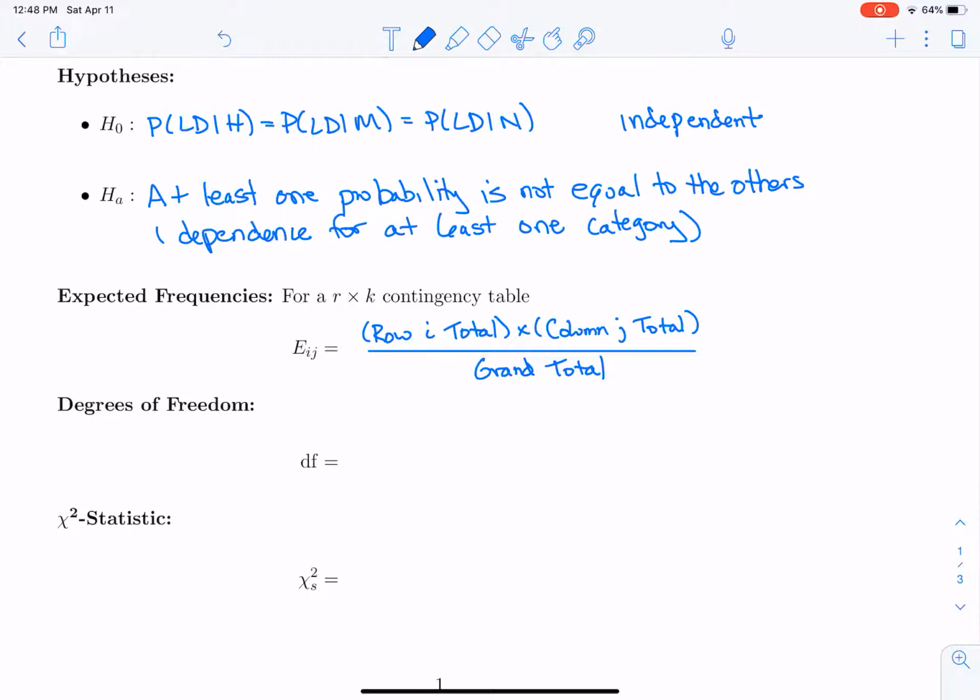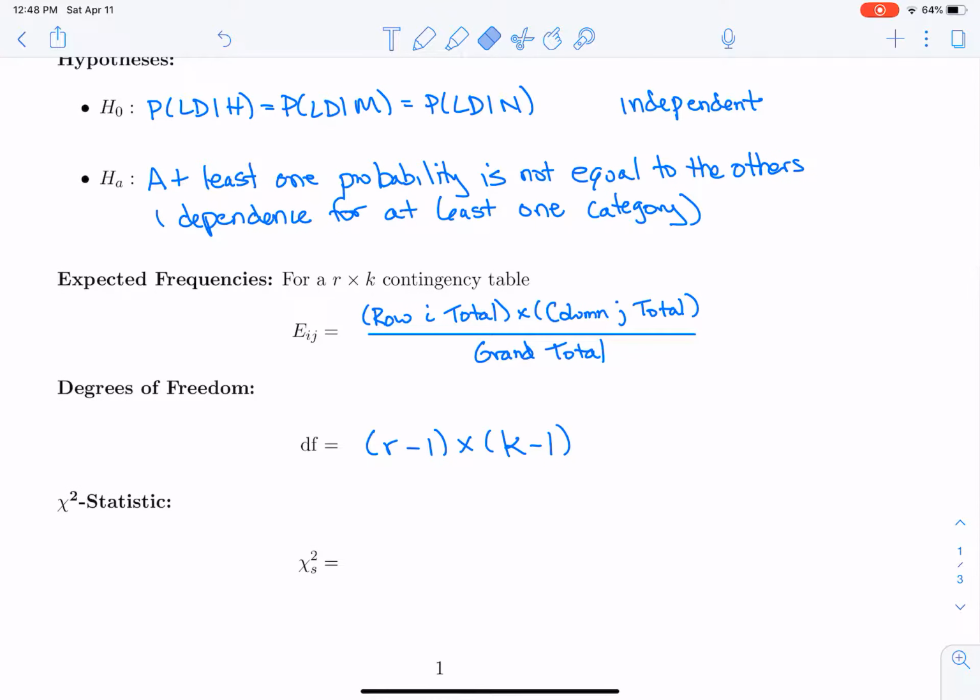But the degrees of freedom in this case is going to be R minus 1 times K minus 1. Before, you'll notice that we had 2 minus 1 times 2 minus 1, which gave us the degrees of freedom of 1. Now when we have more columns and rows, as long as we specify R minus 1 rows and K minus 1 columns, then we've specified the entire table.